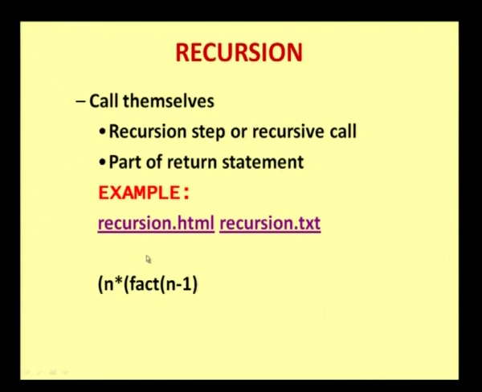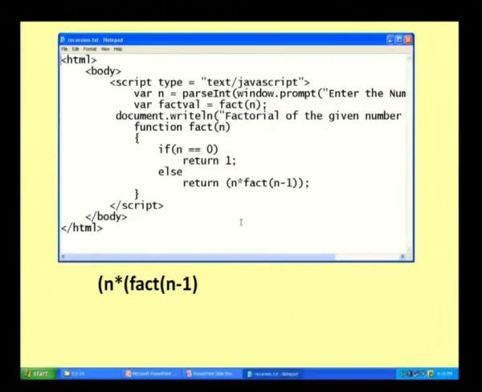So again this fact function is calculated with the help of n value 4. Again this 4 is assigned to n. So this task is repeated until we have calculated the factorial of that particular number which is given by the user. Let us see an example program for recursion.